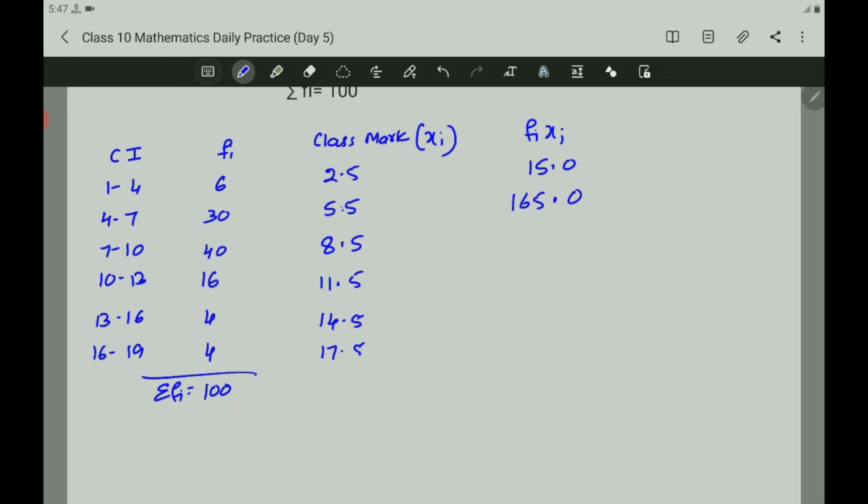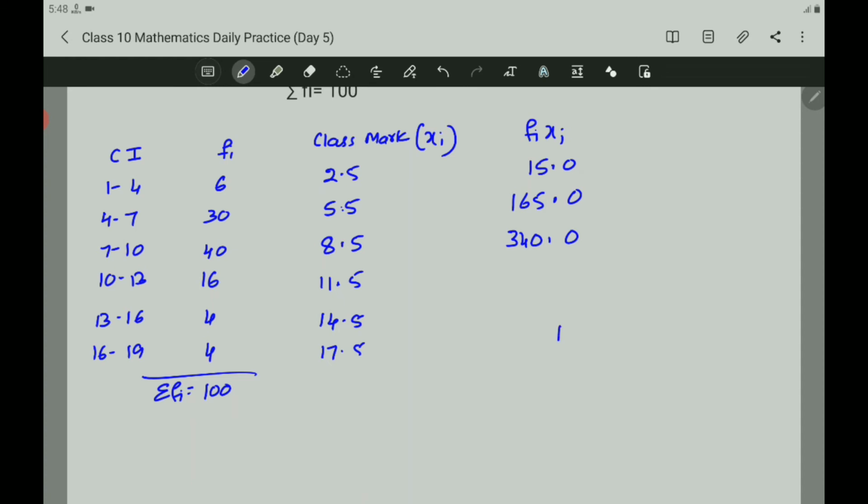165.0. Then 40 into 8.5. 85 into 40: 0, 5 4s are 20, 8 4s are 32 plus 2, 34. So you will get 340.0.